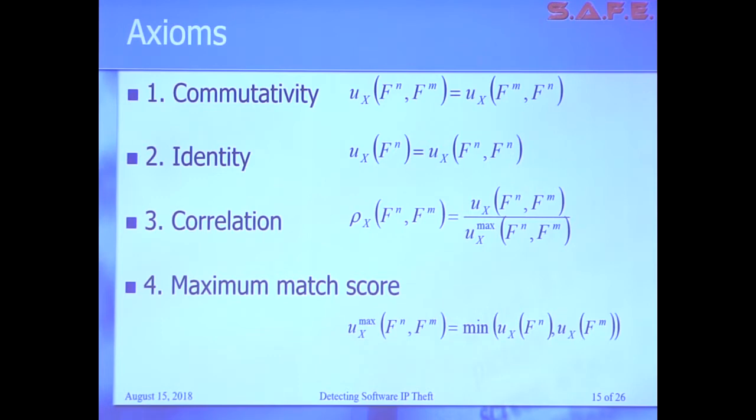When I was first fooling with this, my numbers weren't coming out this way, and I knew there was something wrong. And then correlation: the correlation between two files, FN and FM, had to be equal to the match score, in other words, how much match between the two files, divided by the maximum possible match. Now this was, I think, my key development.